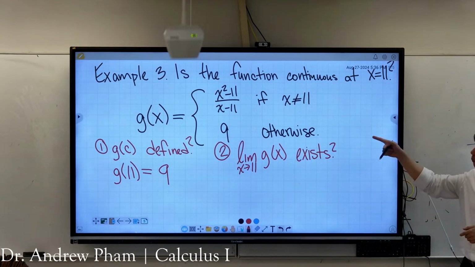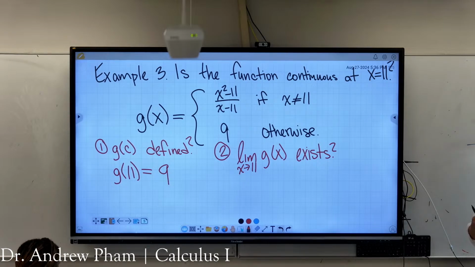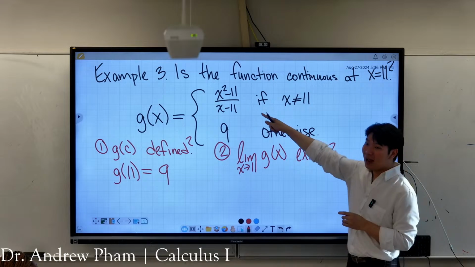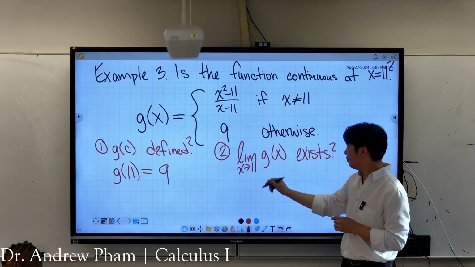Should I use the top expression or the bottom expression? Remember, the limit as x approaches 11 does not necessarily mean we are exactly 11, we are close to 11. So if I'm close to 11, I use this expression.